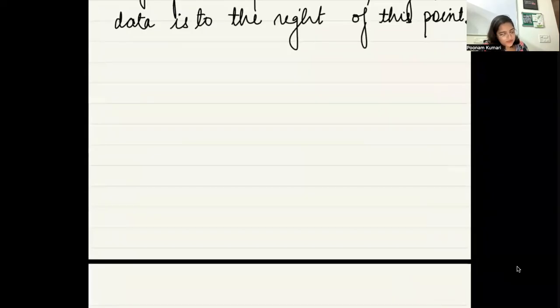We have seen mean. We have seen median. Whenever we talk about mean, we take care of all the values. We take into consideration every single value which is a part of our data, so we are not leaving out any data.